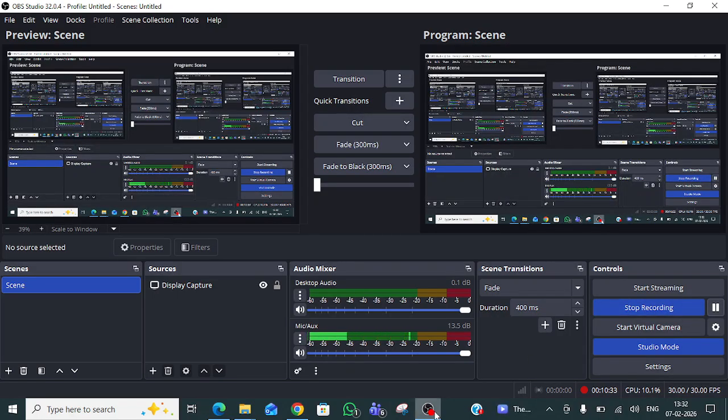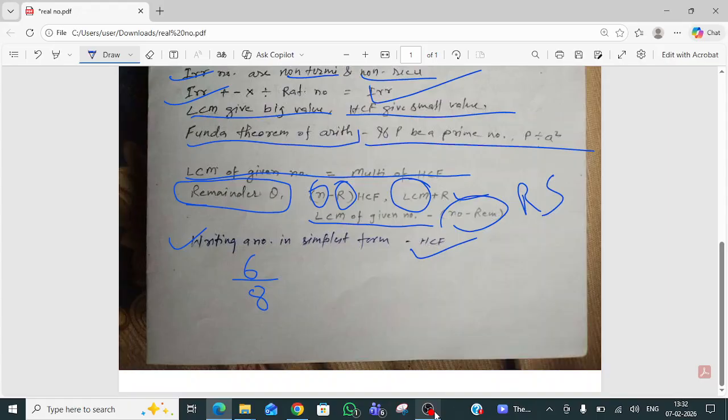Before attending the next class, you all have to be thorough with a few questions which I am telling. You should be clear with finding LCM and HCF by the prime factorization method. That is one question. The second question is to prove that root 3 is irrational.